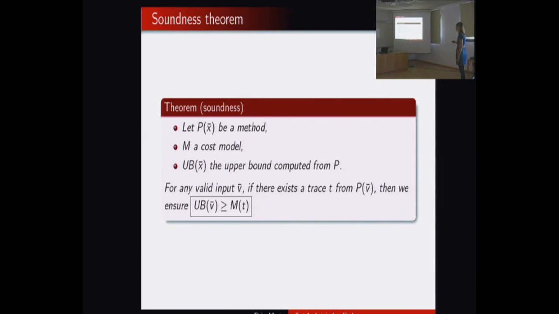And then for any possible instantiation of these input values, if it is a correct instantiation that has a trace, then it is ensured that the upper bound that we get is always greater or equal than the cost of the corresponding trace. So this is, let's say, the final theorem after having all the pieces.